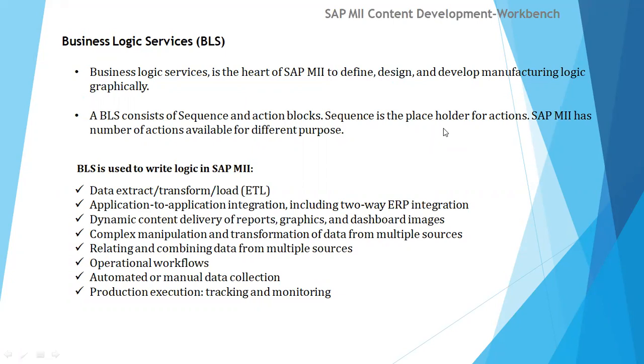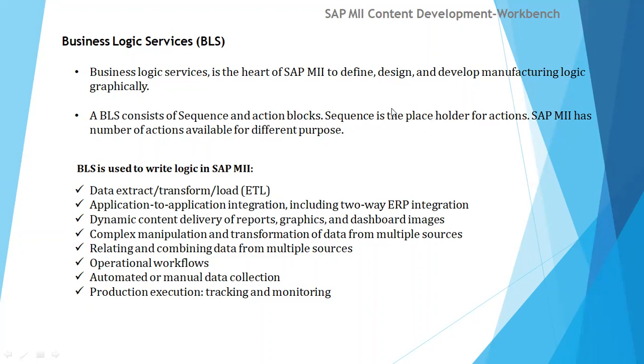Whenever you talk about a transaction or BLS in SAP MII, it consists only of sequences and action blocks. I will explain what a sequence and an action block are in the next session, when I come to the development part.